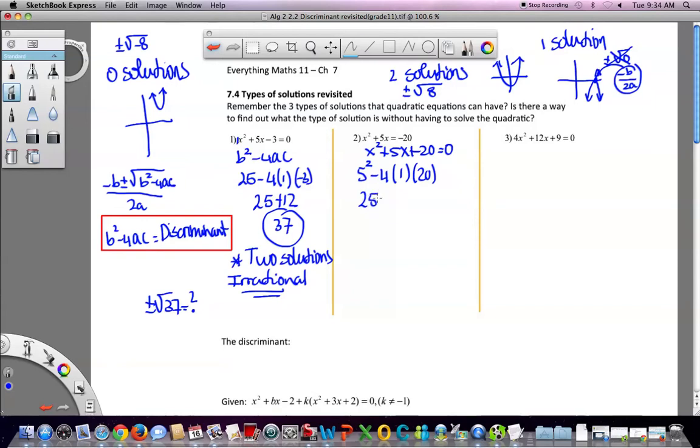So this is 25 minus 80, which is a negative, right? Negative 55. So if I put that underneath the square root, I would be with an imaginary number. So we would say that there are 0 real, and I forgot the word real last time, solutions.